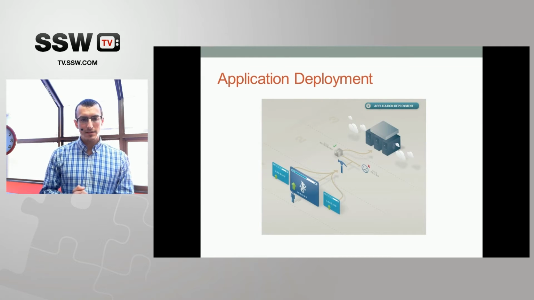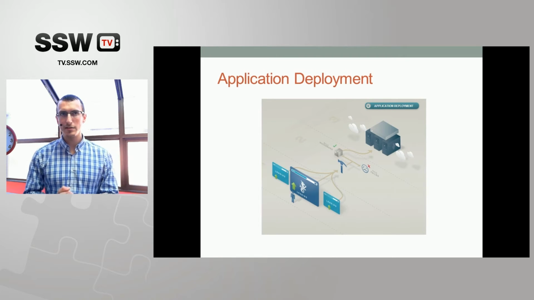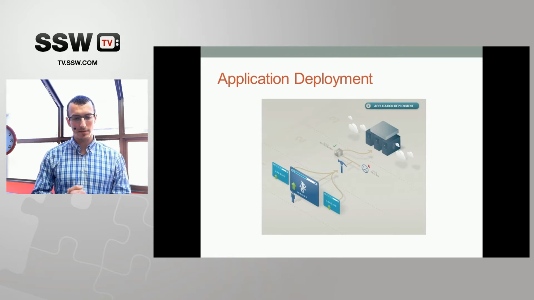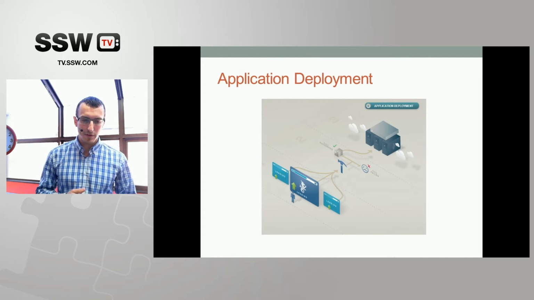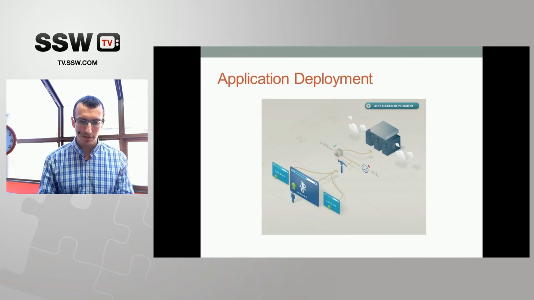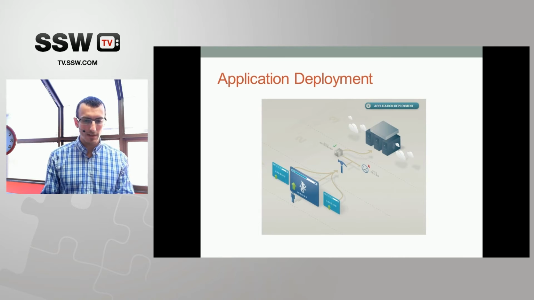Now a bit about the application deployment. As you can see in the slide, which is taken from the official App Harbour website, you have your development phase where you're writing your application, and once that's done you want to deploy it. So what you do is you deploy using your favorite tool, and you can deploy to a source code repository or directly to App Harbour.